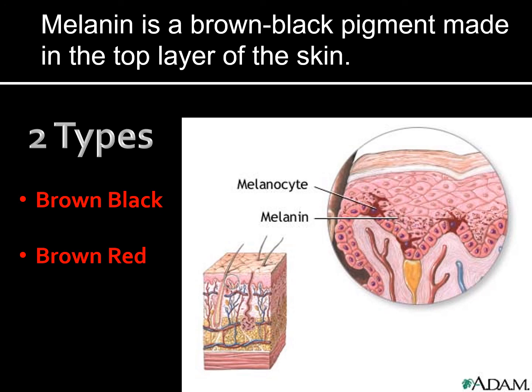There's a brown-black melanin as well as a brown-red melanin. And it's not only the level of melanin that determines skin type, right? You also have the way your skin cells reflect light, how transparent your skin cells are, as well as the variation in coloring of your veins and arteries, which can also affect your skin tone.